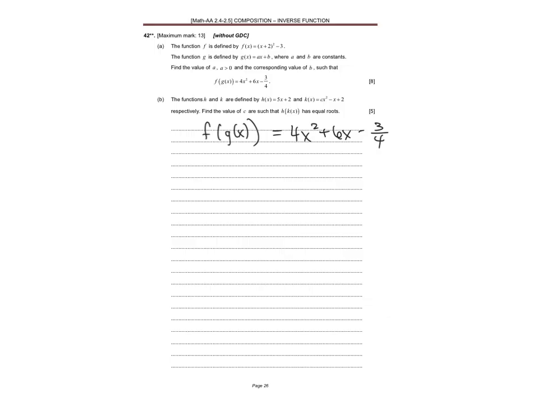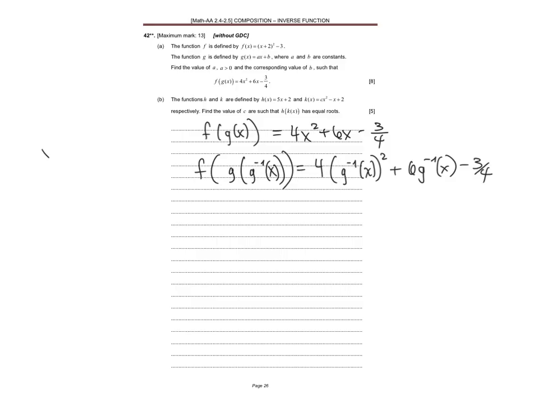So if we instead do g inverse, because that's just linear, then we'd have 4 g inverse squared plus 6g inverse minus 3/4. And then we can set the things equal to each other.